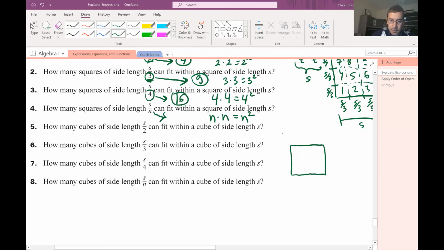And then this is a cube, right? And then that's the side in the back, okay? So dotted lines. So how many cubes? Okay, so think about it. We divide all these by half.